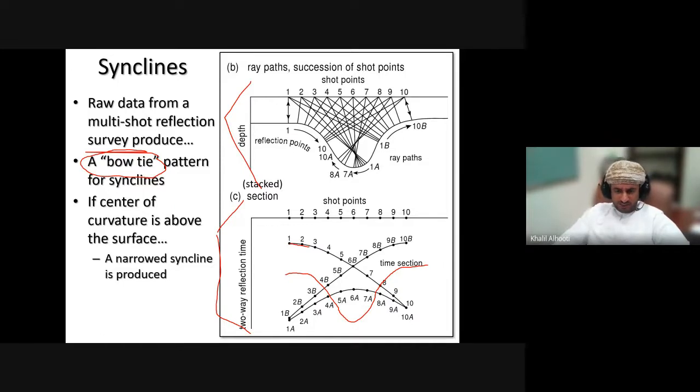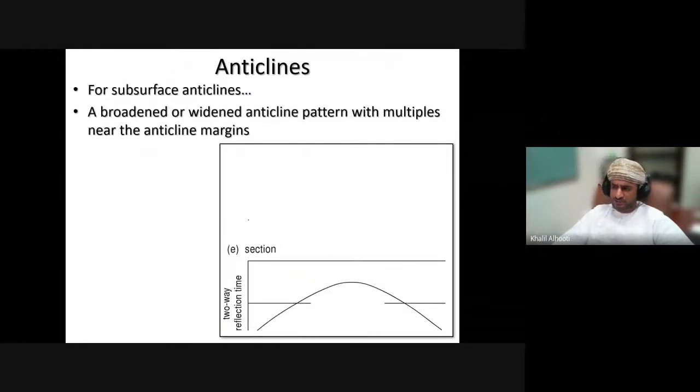They will look exactly like what we call a bow tie. Have you heard of bow tie? What's a bow tie? Bow tie, ربطة العنق. They name it bow tie. So this feature, what you see here, resembles a bow tie. So how can we remove it? Again, migration can remove it.